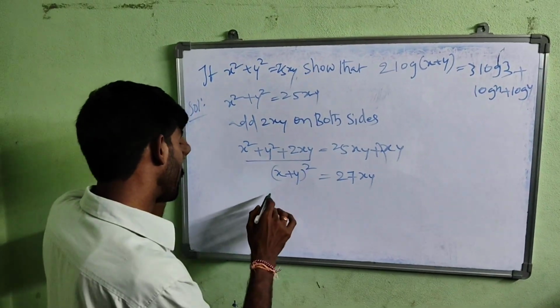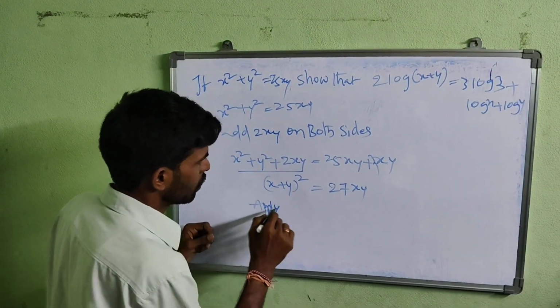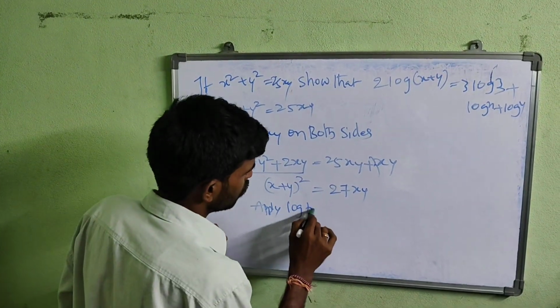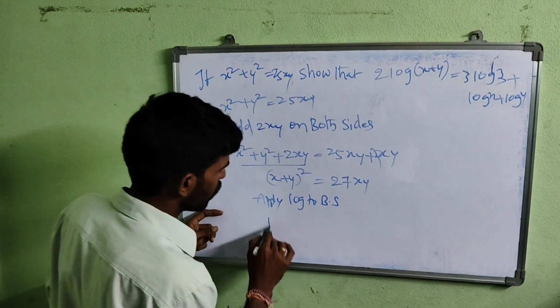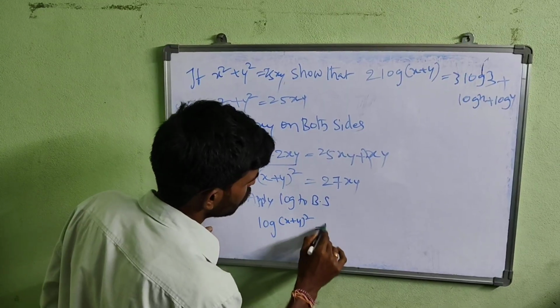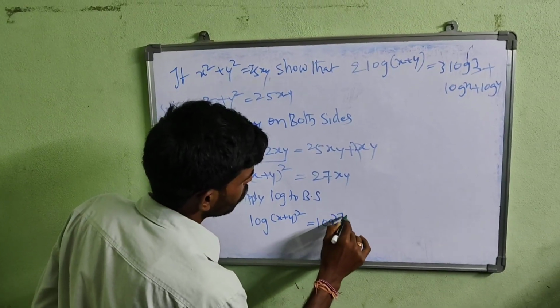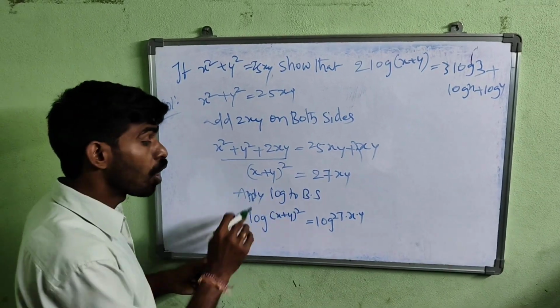Now, if I apply log to both sides, what happens? Log of x plus y whole square equal to log 27xy. Log x power n means n log x.